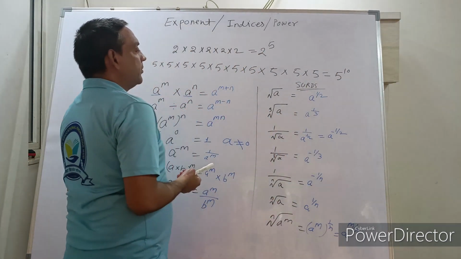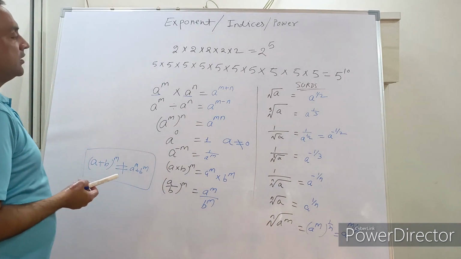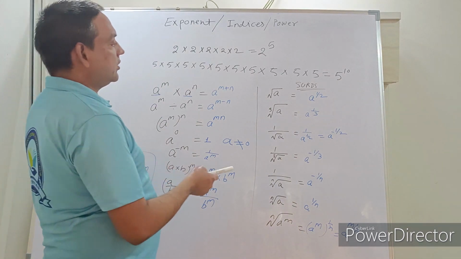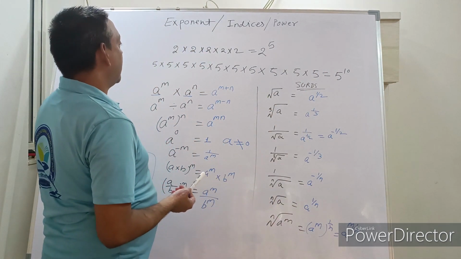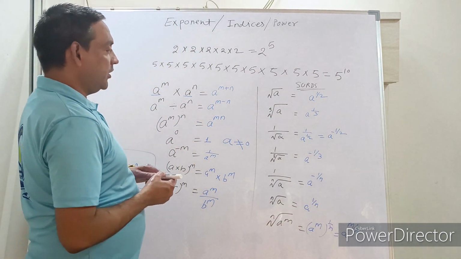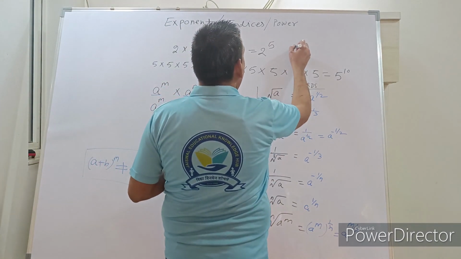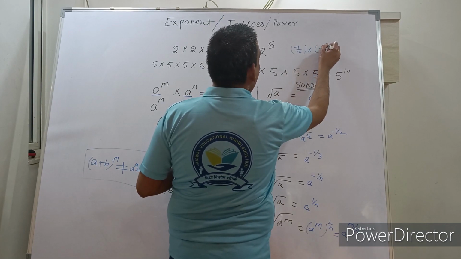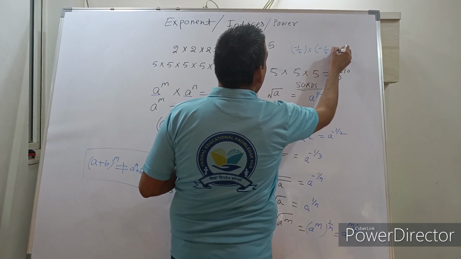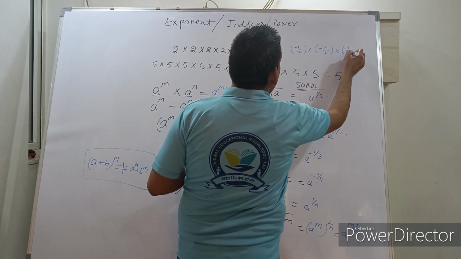So whatever number they give and ask anything raised to that many times, we write that number raised to whatever times they ask. That can be a normal number, that can be a fraction also. Like we have 1 upon 2 into minus 1 upon 2 into minus 1 upon 2 into minus 1 upon 2.